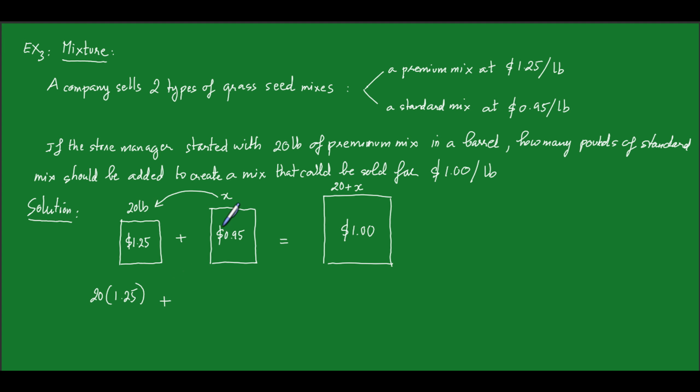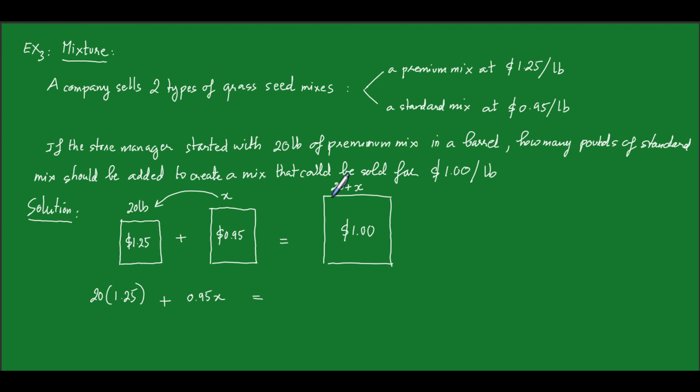You add it to the amount of money for the standard mix. Then it gives you what? It gives you the amount of money for the mixture.